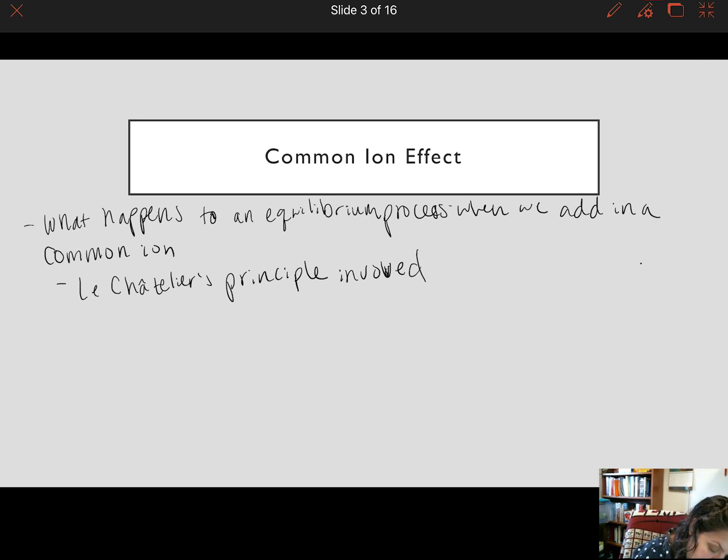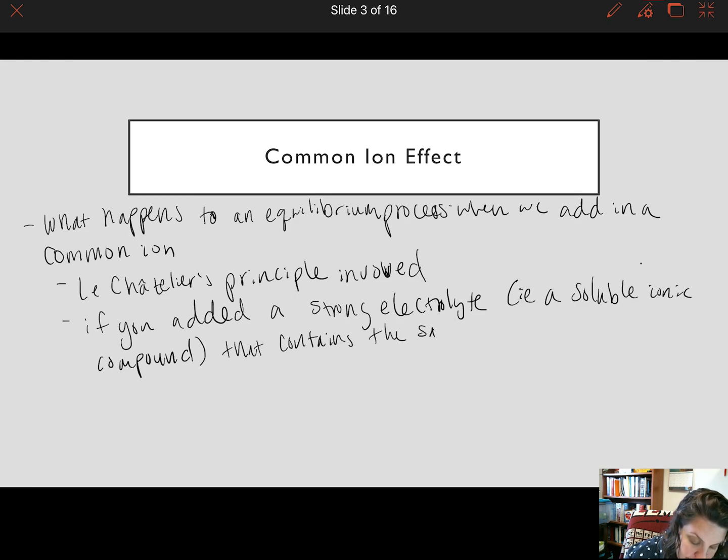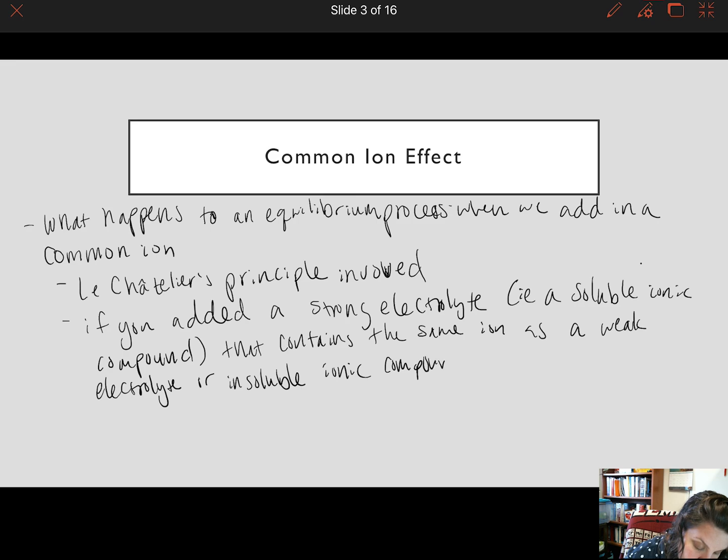Okay? So if we add a strong electrolyte, i.e. a soluble ionic compound, that contains the same ion as a weak electrolyte or insoluble ionic compound, the increase in ion concentration will cause a shift in the equilibrium.